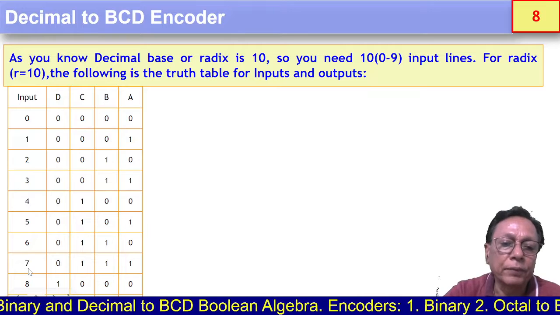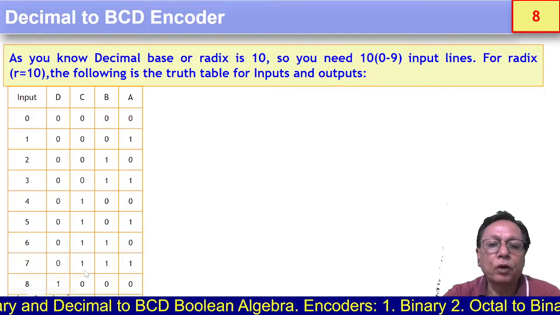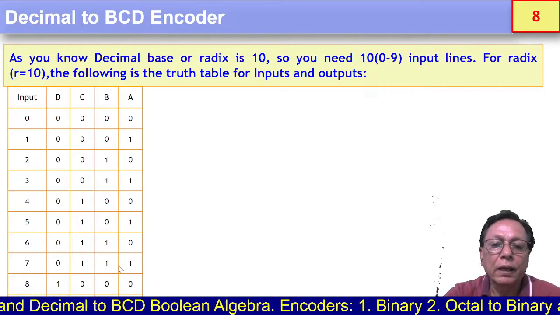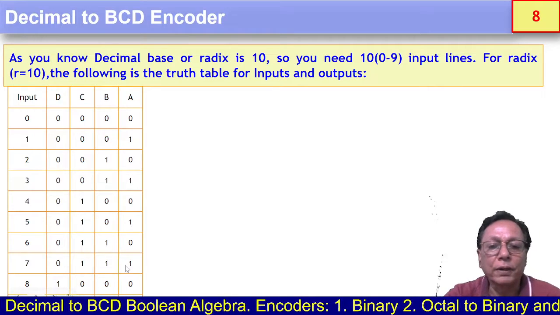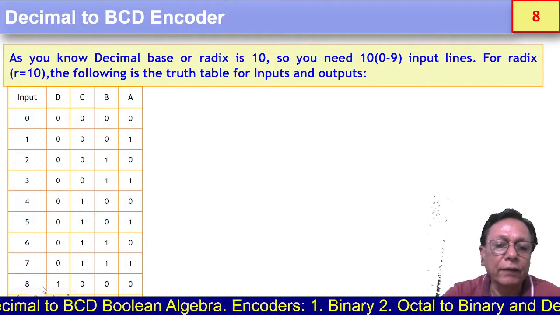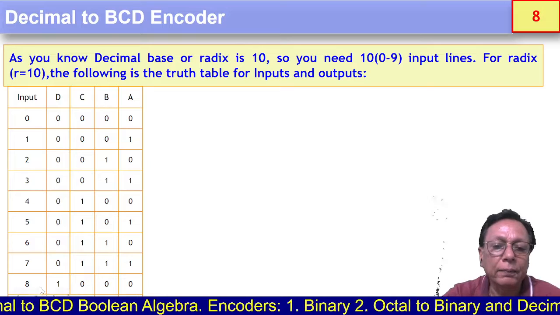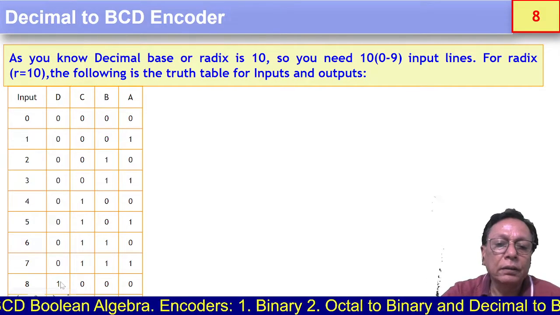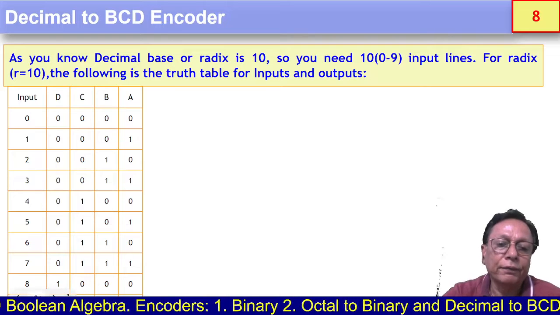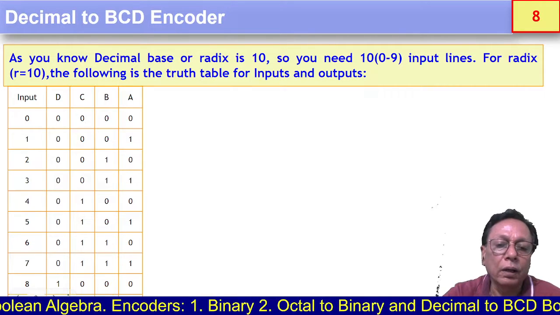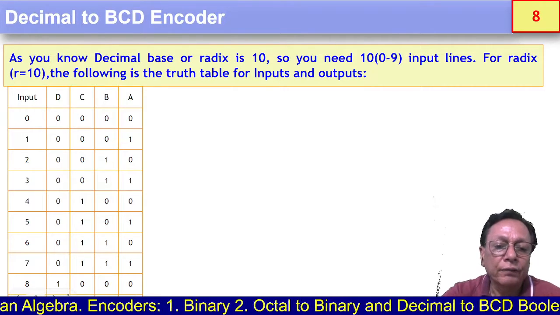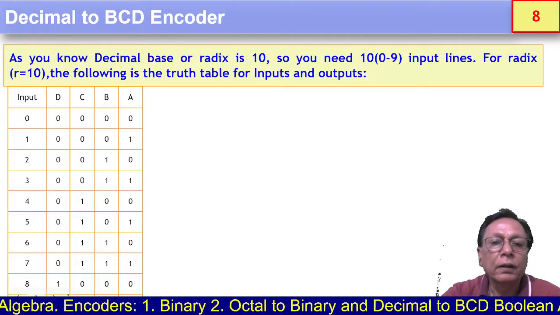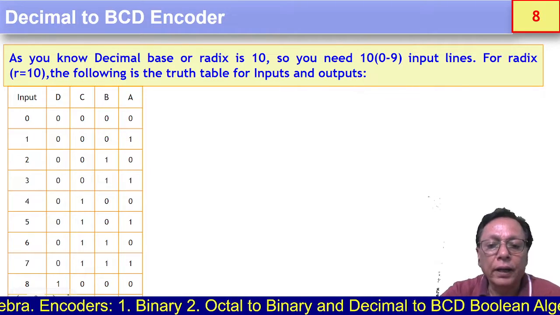If input 7 is high, then outputs C, B, and A are high. And if input 8 is high, then D will be high. And if 9 is high, then D and A are high.